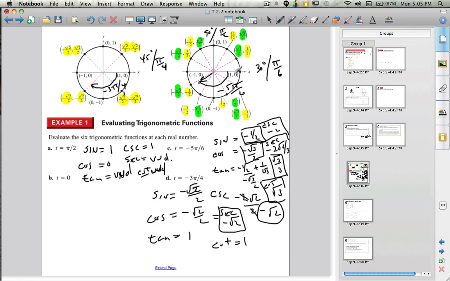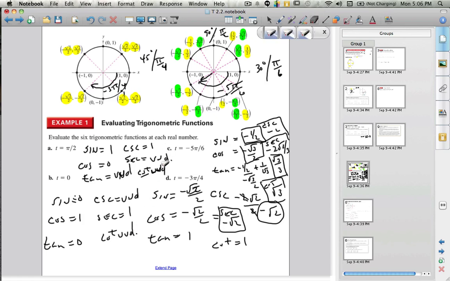And with t equal to 0, then we have sine is equal to 0, and that means cosecant is undefined. I have cosine is equal to 1, which means that secant is equal to 1. And tangent is equal to y over x, that's 0, and cotangent would be undefined.